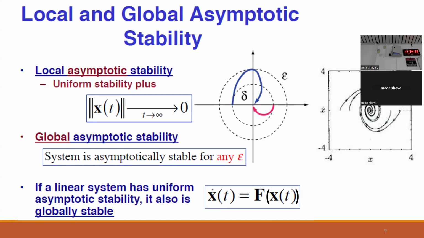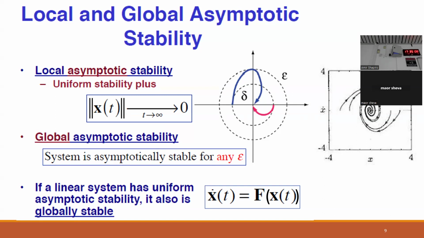And this is an asymptotically stable equilibrium. So it's uniform stability plus this, which is harder and stronger than uniform stability, because now not only does it not diverge, it actually converges to the origin. That's the idea of asymptotic stability.